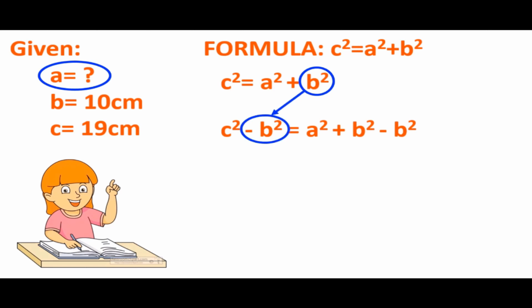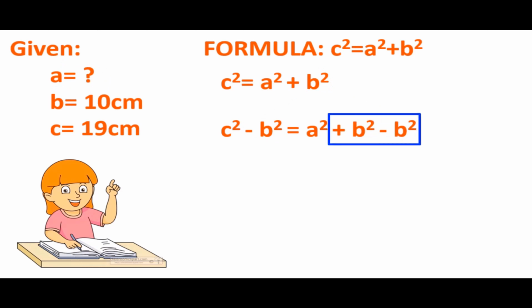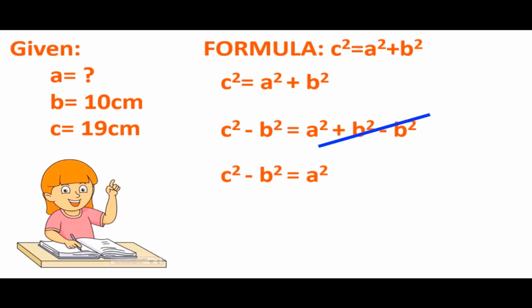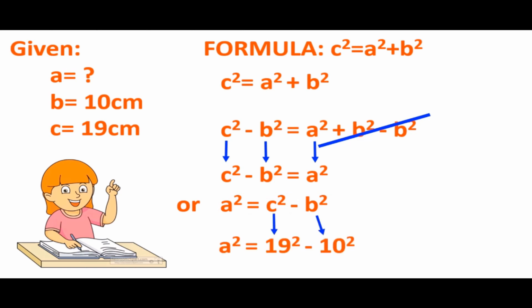It must then be C squared minus B squared equals A squared plus B squared minus B squared. From this equation, we will notice that B squared minus B squared can now be cancelled. Now, the new formula will be C squared minus B squared equals A squared, or A squared equals C squared minus B squared. Now, we can substitute the value of C and the value of B.